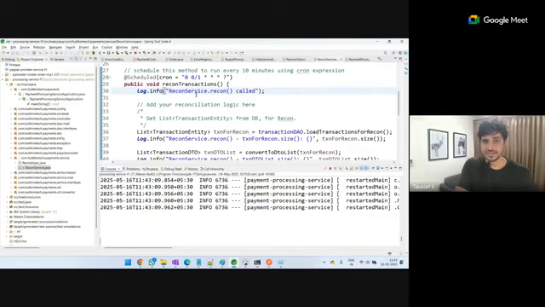We said the 0th second of every minute. So right now it's 43. We started the service at 43:09, so it will wait for 44:00, and that is going to be the first occurrence of this code. So let's wait for 11:44.